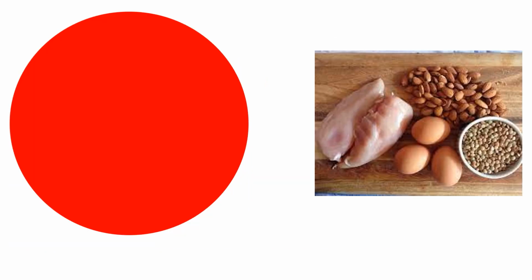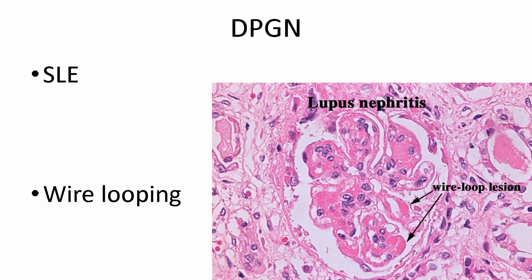Okay, so if it is proteinuria plus hematuria, then it is a nephritic syndrome. So we have two syndromes here. First one is diffuse proliferative glomerulonephritis. You need to remember that it is the most common cause of a nephritic syndrome in lupus patients.